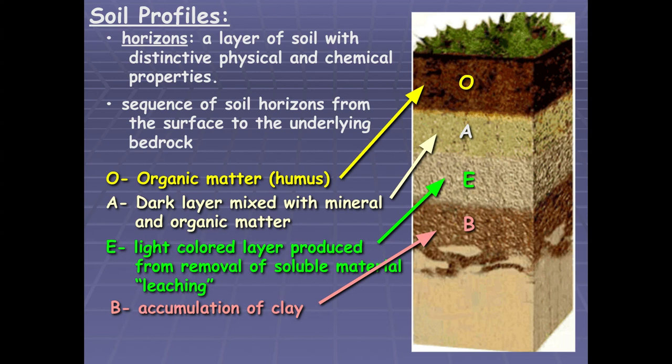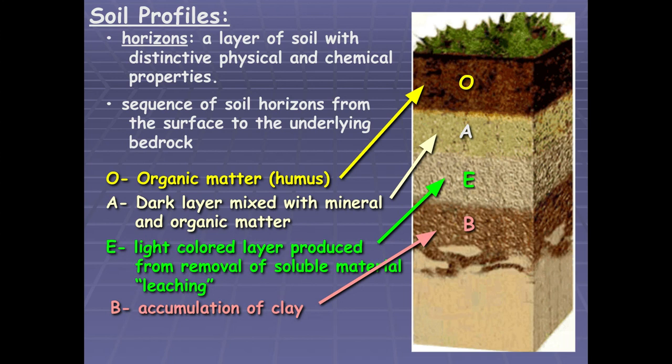And so now we go back to this question, and that is, why is typically the B layer or the clay horizon at the very bottom of a typical soil profile? And you probably have answered it already, and that's because, again, clay represents the most chemically reduced material.